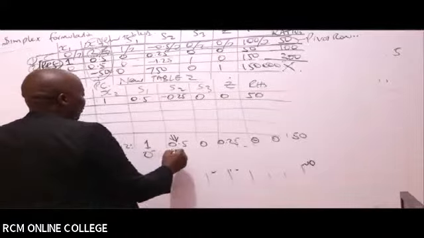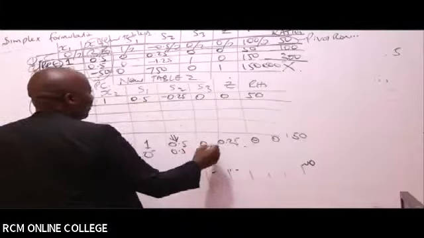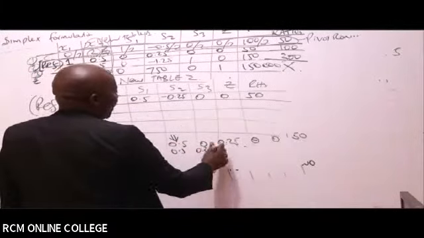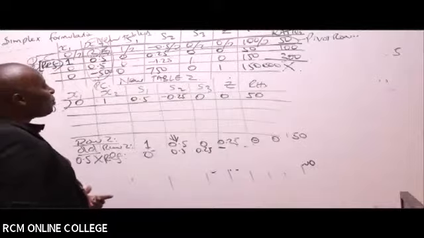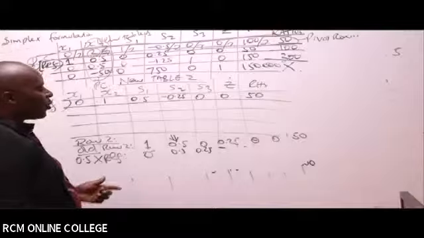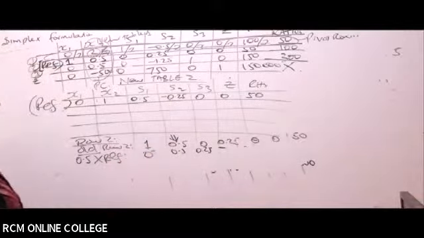The second one is 0.5. So 0.5 times the reference gives me 0.25. Then 0.5 times 0.25 is 0.125. So this gives me what times 0.5?